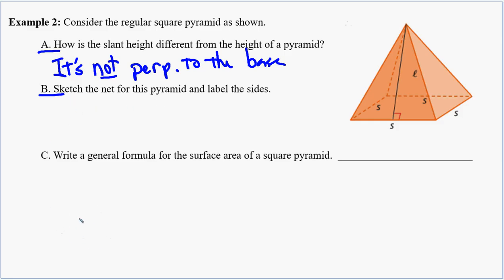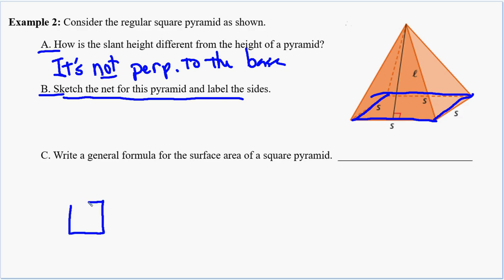All right, now for part B, not enough room left in here. I'm going to sort of draw it down below. Sketch the net for this pyramid. Well, I'm going to draw first the square base. So looking down on it from above, we're going to have a square base. And the side is going to be S, and this side is going to be S. And now, off each of those sides, I'm going to have one of these lateral faces, and each lateral face is a triangle.